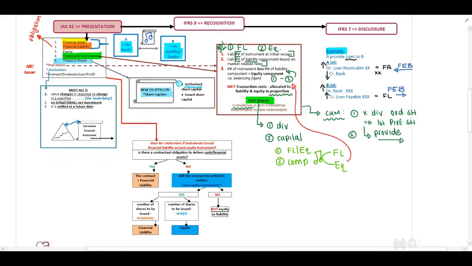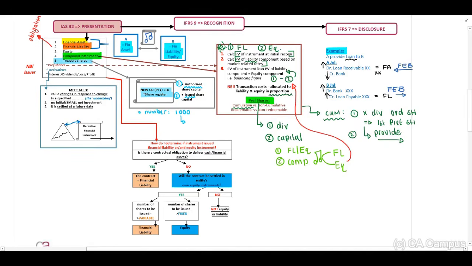Now, when we register that company, we need to register authorized share capital. Now, authorized share capital is the number of shares that the entity has available to issue. Let's say, for example, 1,000. Then there is issued share capital. The issued share capital is shares issued from the authorized share capital.